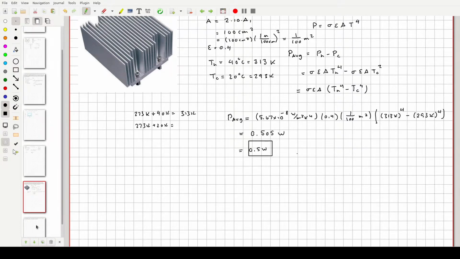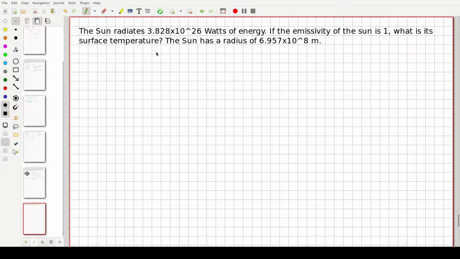Now, let me show you another way you can use the Stefan-Boltzmann law. The sun itself puts out a lot of energy. It radiates 3.828 times 10 to the 26 power watts of energy. Now, how do we know that?